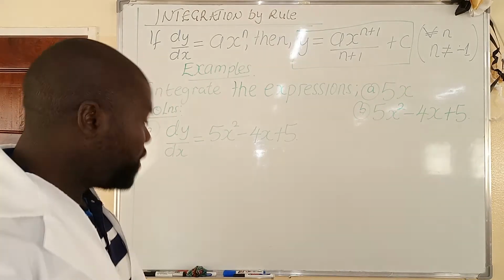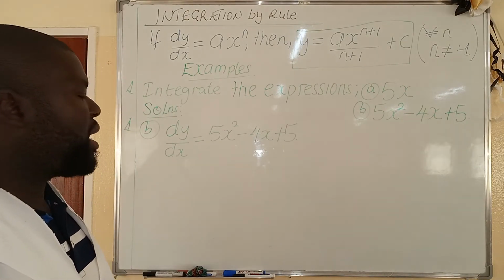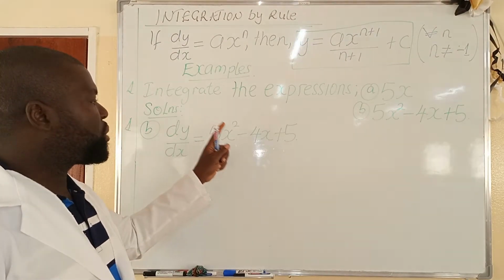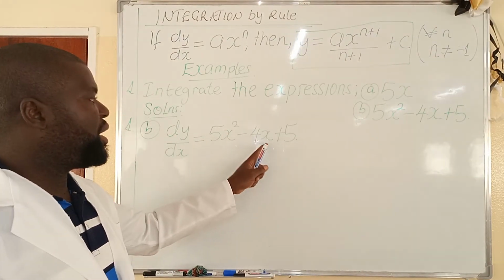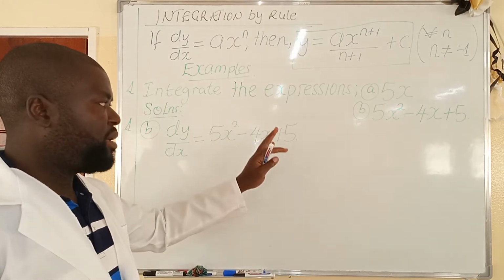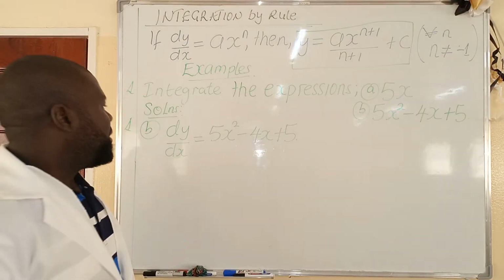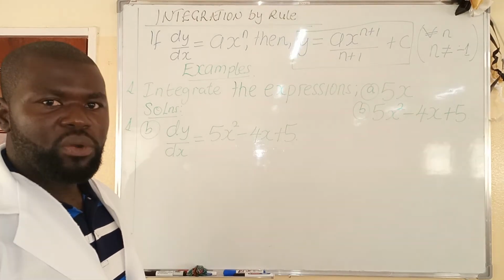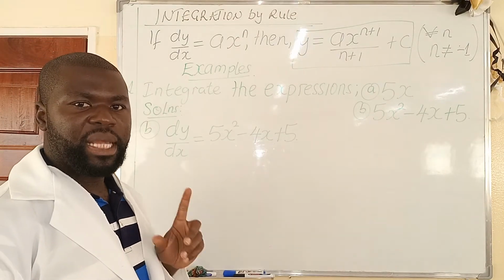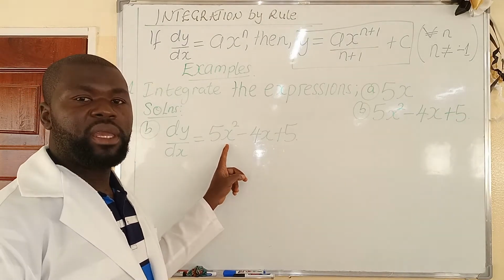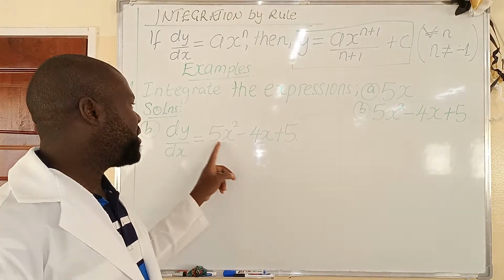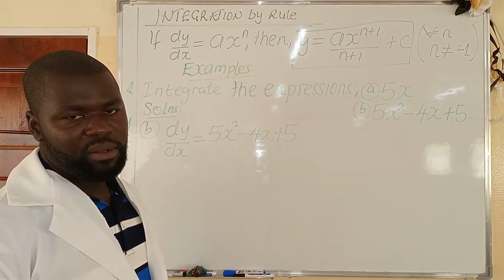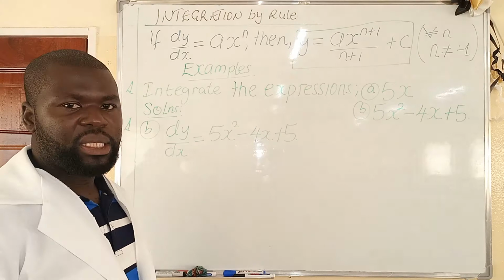Okay, so 1B, our dy/dx is 5x squared minus 4x plus 5. According to our rule, it is defined on one term, but here we have three terms.